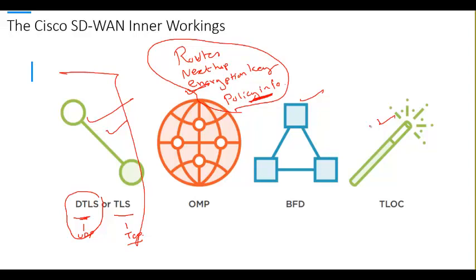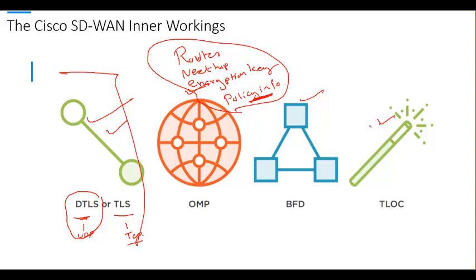The vSmart itself exchanges the TLOCs, and that allows the SD-WAN fabric to be built. So now the SD-WAN fabric is built. OMP is responsible for learning the topology. How? As the TLOCs come and register with the vSmart, every device sends: this is my tunnel IP address, these are all my WAN IP addresses, I have MPLS, I have this IP, and so on.